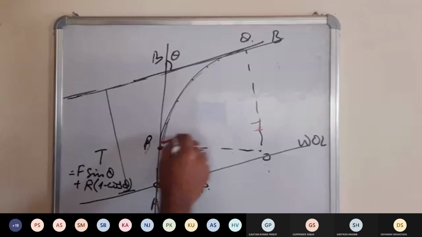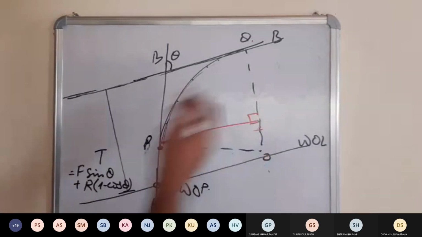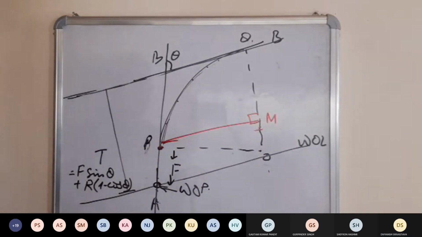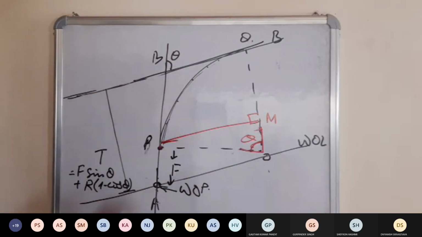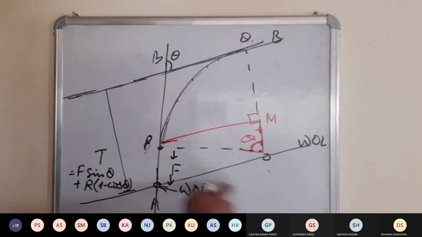सही है या नहीं? हाँ सर. Let us say it is coming at M. This angle is theta. Because it is theta, the same angle is subtended at the center also. So do we have POM, a right angle triangle? हाँ सर.